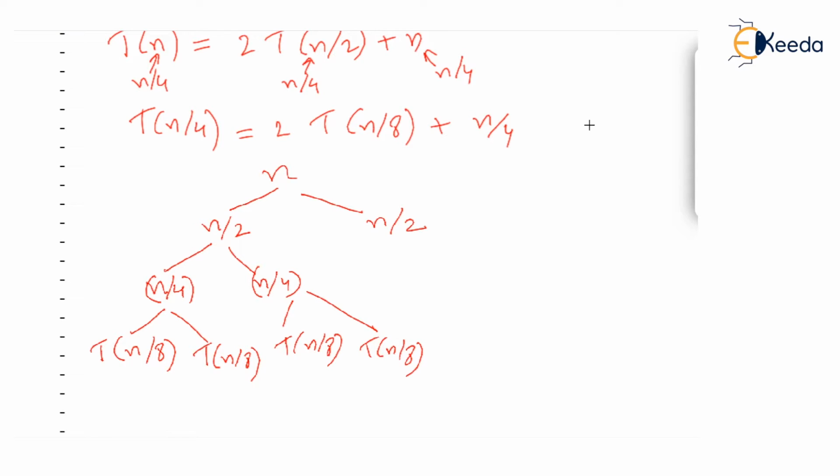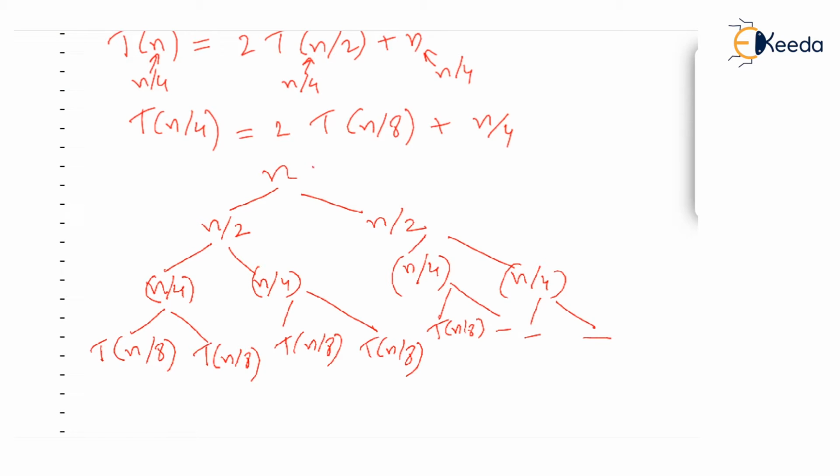Same goes over here also. It will have two children, n by 4, n by 4, with each of them having Tn by 8 as the child. So assume everywhere Tn by 8 is written.